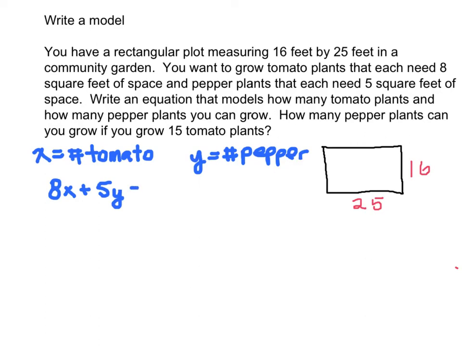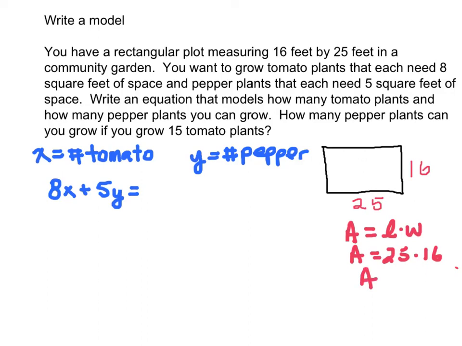So I need to find out how much space I have available to me in my community garden. I'm going to remember that area is equal to length times width. And so my area is going to be equal to 25 feet times 16 feet.